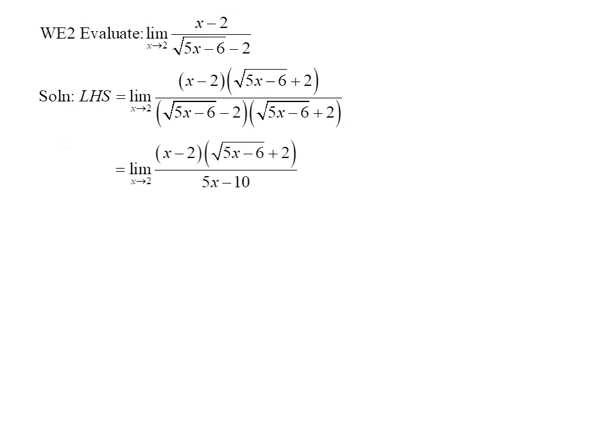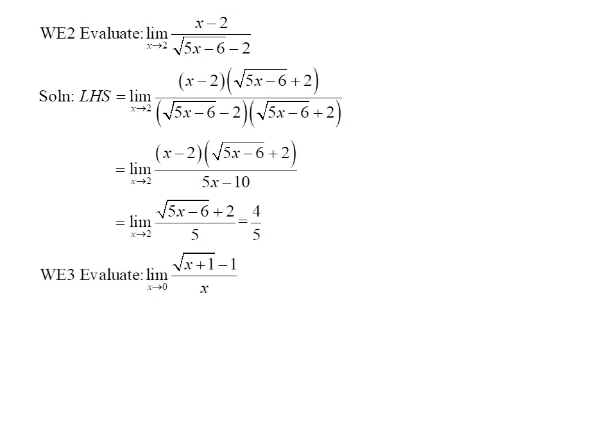Hence, after simplifying, the expression becomes the limit of the sum of the square root of 5x minus 6 and 2, all over 5, as x approaches 2, which equals 4 over 5 after substituting x by 2.